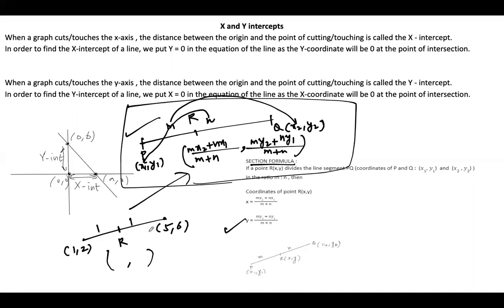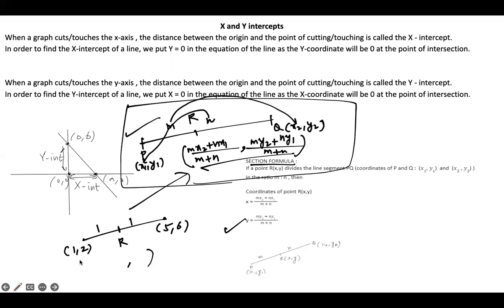All right, so we have to find the coordinates of R. So the ratio is 1:1. Use the same thing. So the ratio m/n is 1:1, right?